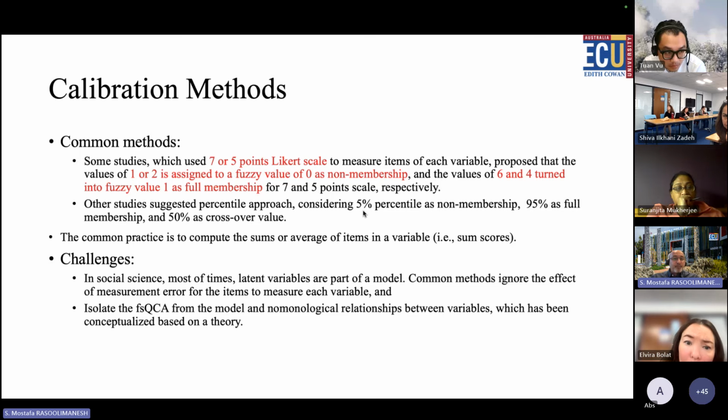But in social science especially, these common methods have some challenges and maybe some issues.